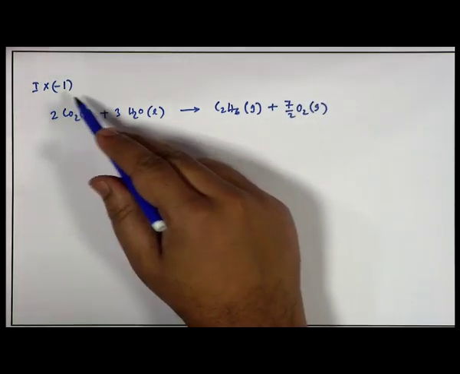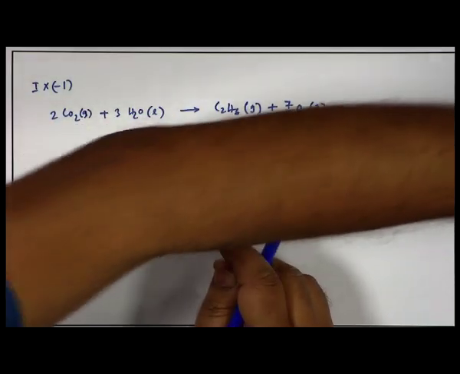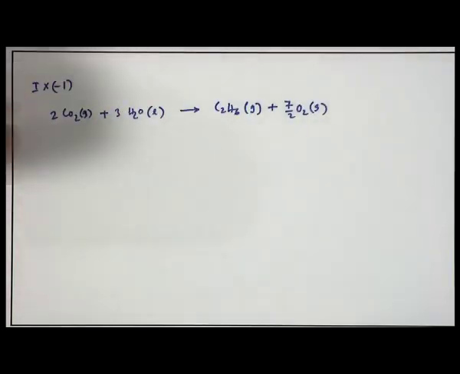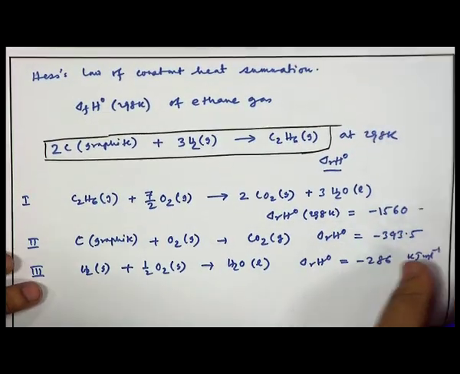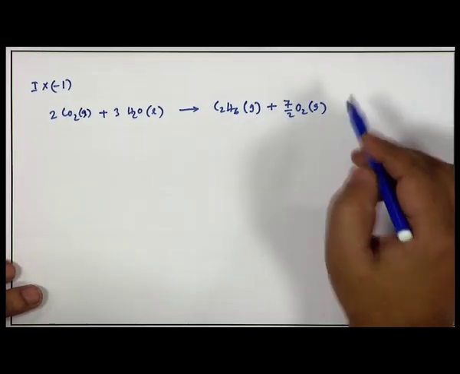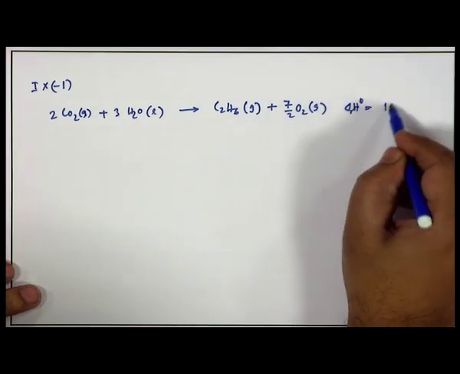And we have multiplied by -1, and this is an extensive quantity. So, we have this value, we should multiply by -1. So, we will get 1560 in this case. So, delta H R is 1560.